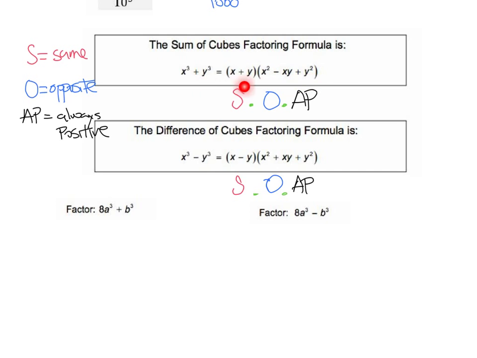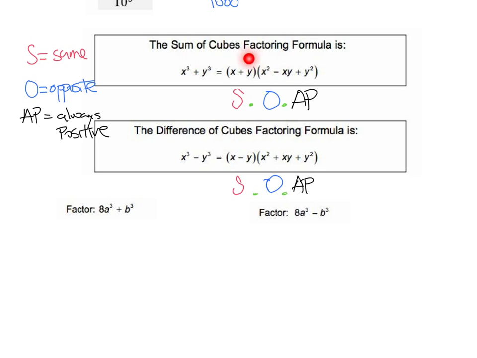One thing that helps us remember the order of our operation signs is something called SOAP. You all use it hopefully on a daily basis, but we can break it down here to help us remember what we need to do. Now, for our sum, S represents same, O represents opposite, and AP means that it's always positive.